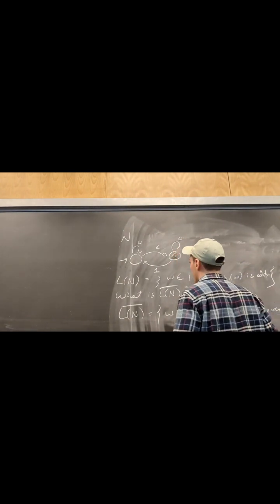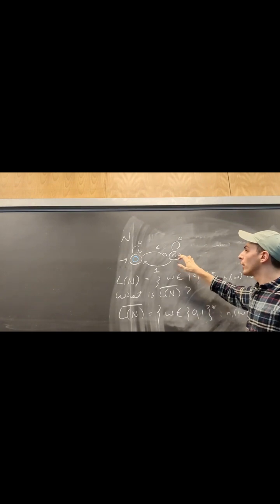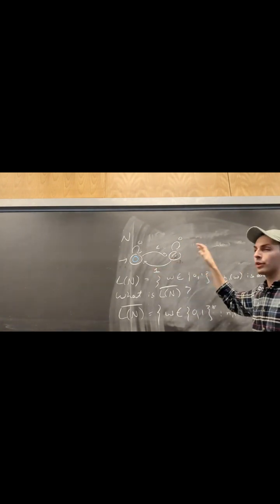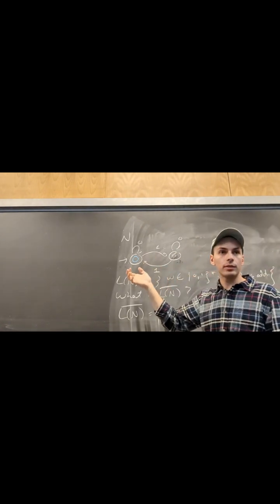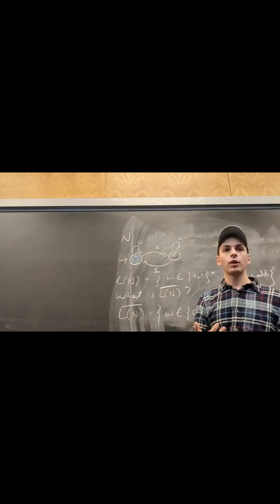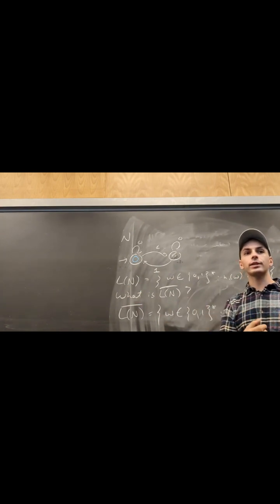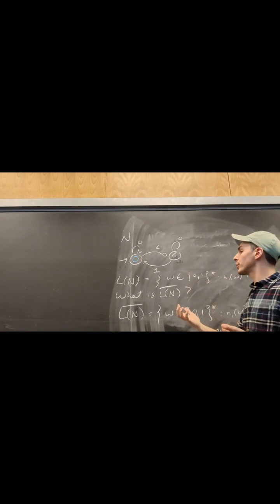Almost by definition, all of the strings which go to accept states in the DFA now get rejected, and all the strings that used to go to reject states now go to accept states. So if you do this switch, you build a machine that accepts the complement of the language accepted by the DFA.